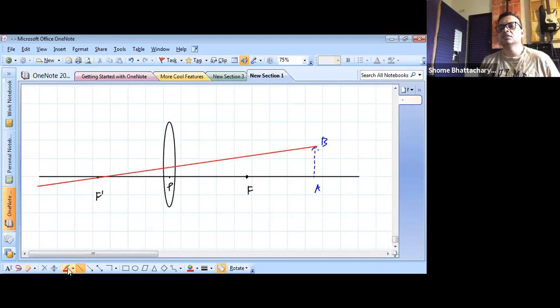But what would happen is, after suffering refraction, this will actually become parallel to the principal axis. It will not continue this way. What is aimed, had the lens not been there, this ray would have reached the point B. But the lens will converge it and make this ray parallel to the principal axis. Like this.